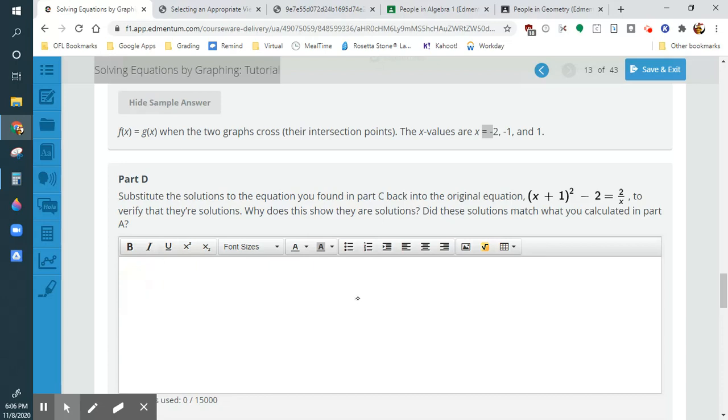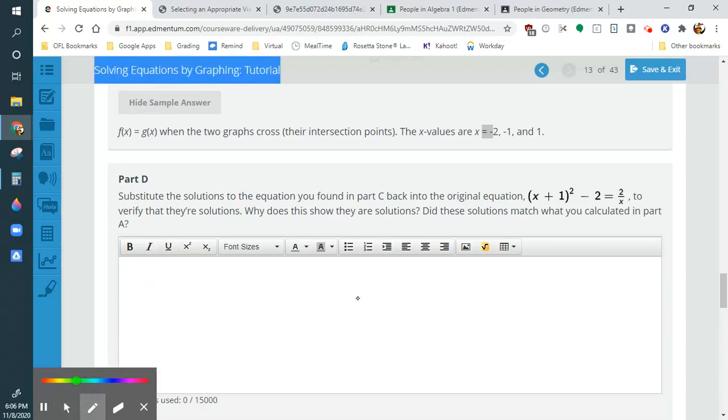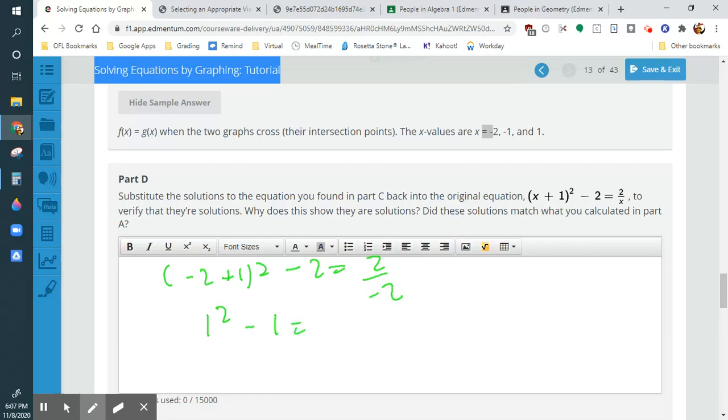Okay. So, first one, I'm going to do -2 plus 1 squared minus 2 equals 2 over -2. So this gives me -1 squared minus 2 equals 2 divided by -2, which is -1. Oh, I'm sorry, this should be -1 squared.